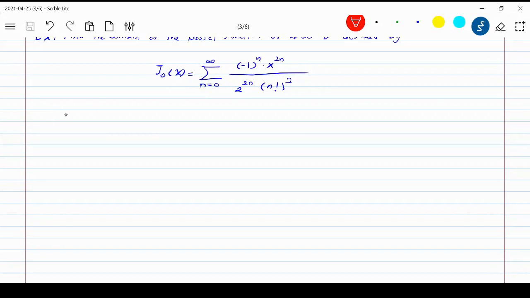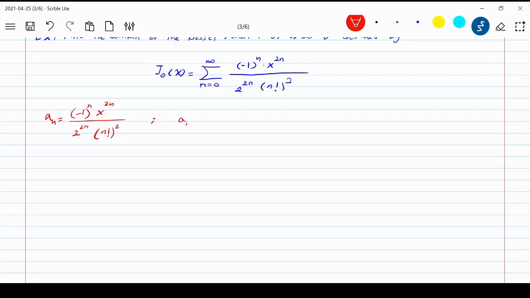Again, if you want to see where this series is convergent, you just need to look at the ratio test. What is a_n? a_n is negative 1 to the power n, x to the power 2n, divided by 2 to the power 2n, n factorial to the power 2.